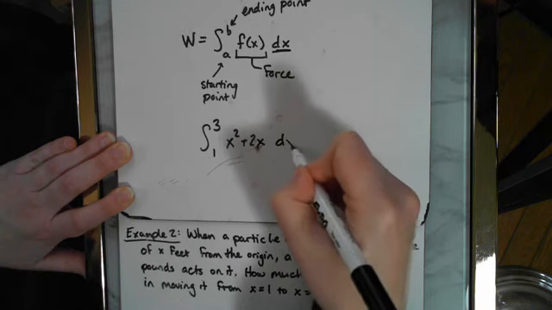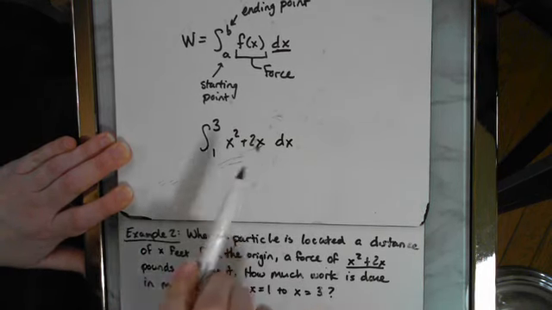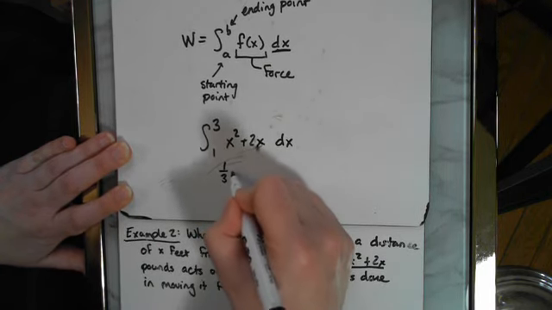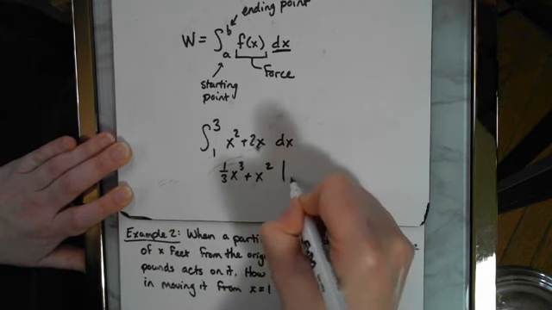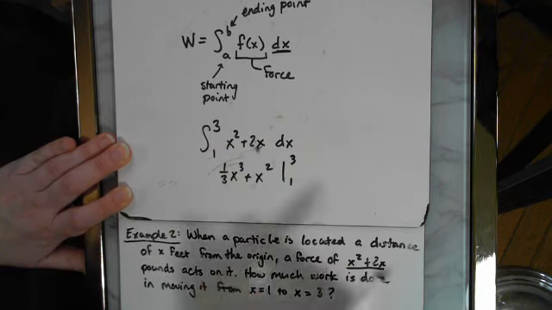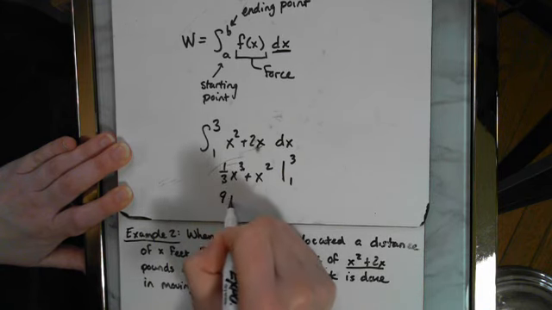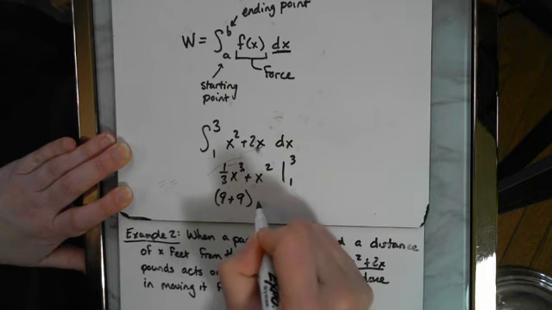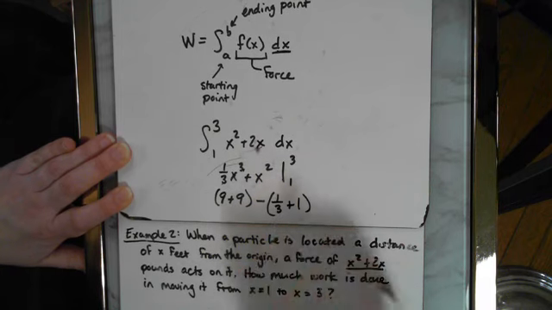And it's dx. So now all I need to do is do my antiderivative and evaluate it from 1 to 3. So this becomes 1/3 x cubed plus x squared, evaluated from 1 to 3. 3 to the third is 27, divided by 3 is 9, plus 3 squared, which is 9, and then minus 1/3 plus 1.